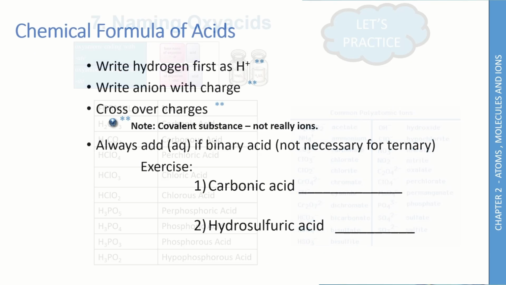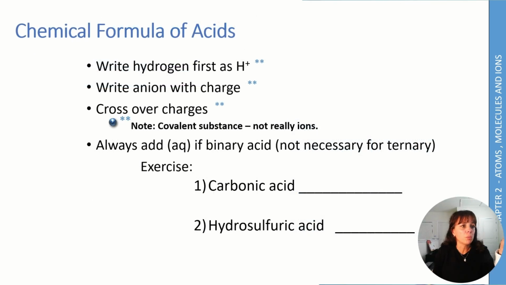And then we have the chemical formulas for acids. So I give you the names and you give me the formula. So let's go with this. The same way that we write down the formula for ionic compounds, we're going to do this over here. Carbonic acid. How are we going to write this down? So we have carbonate.